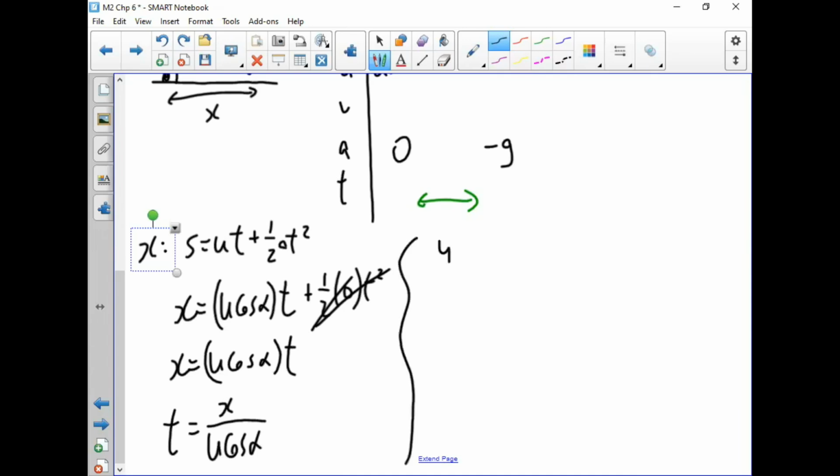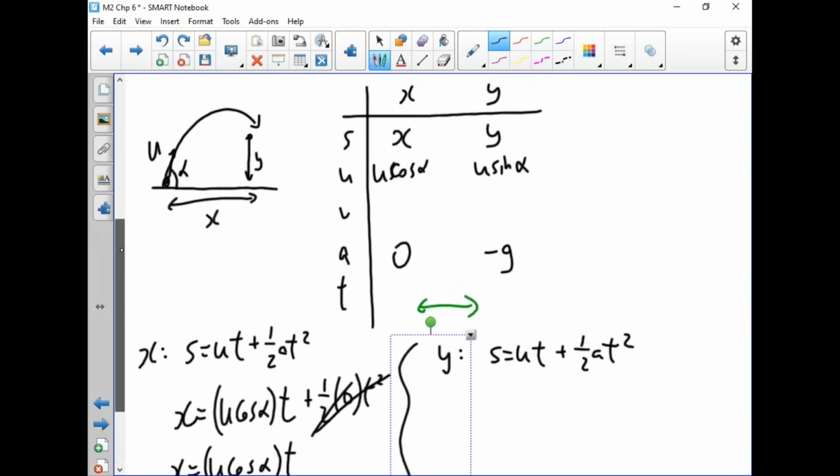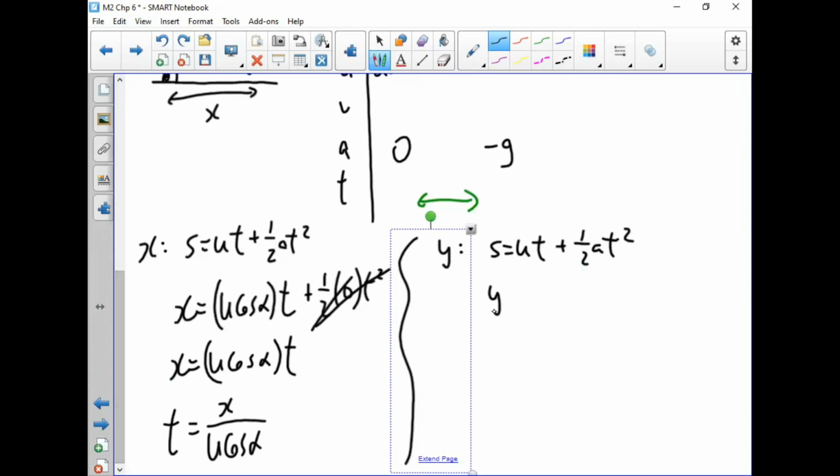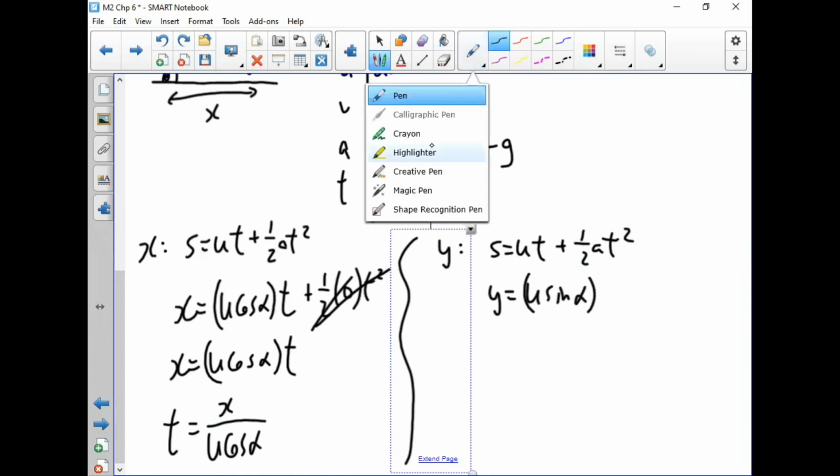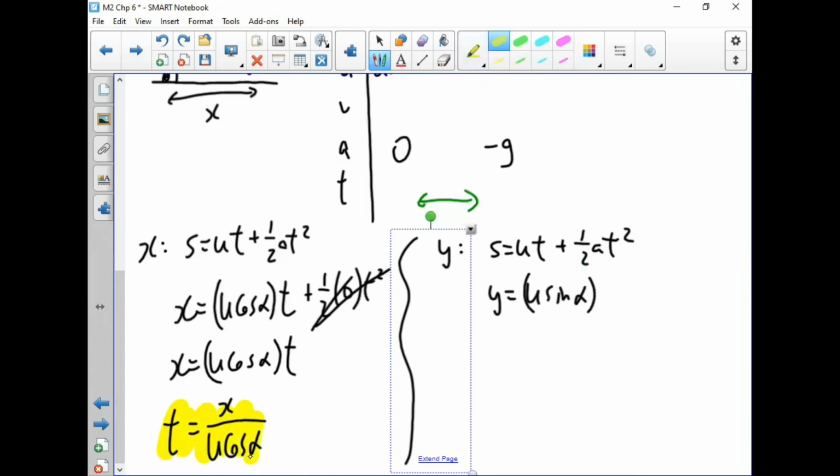For the y, s equals ut plus a half at squared. Sy is y. The u is u sine alpha. T is actually, we have t, don't we? T is here. So I'm going to replace t in here.